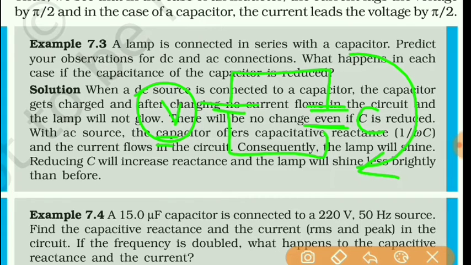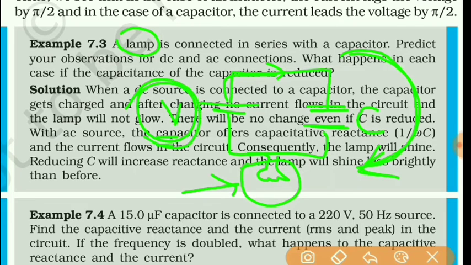When the capacitor is charging, for that particular moment some current does flow, but that is for a moment, and after that the current does not flow in the circuit, and so the lamp will not glow. Suppose the lamp is connected here. To glow this lamp, current is required.